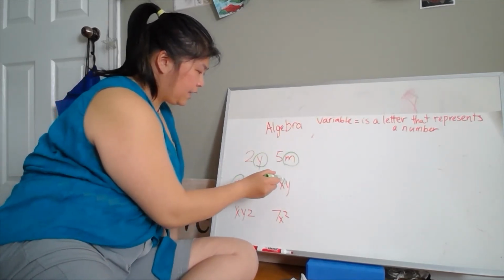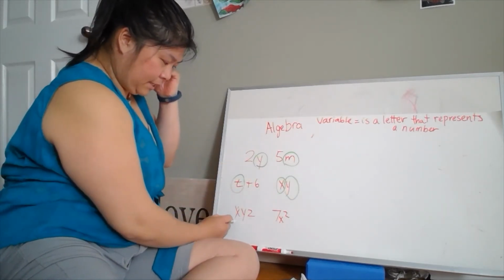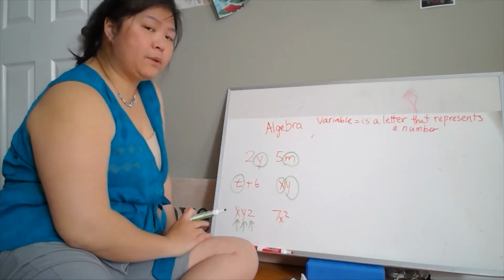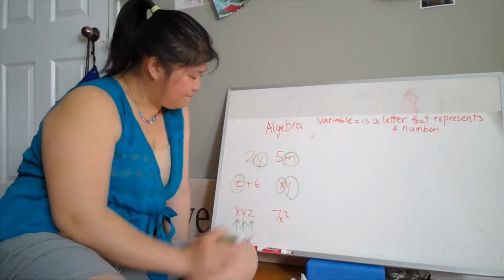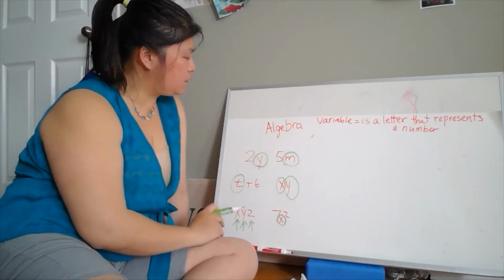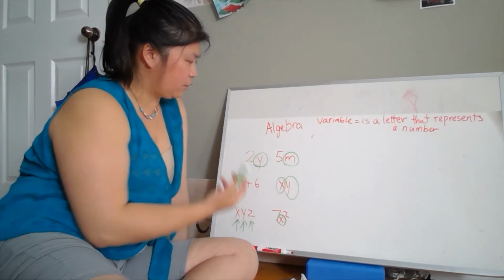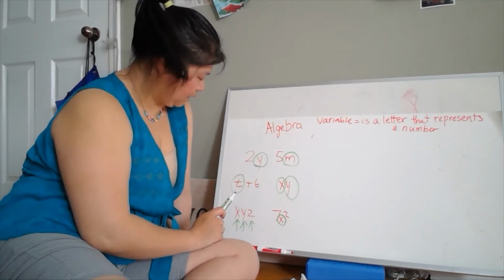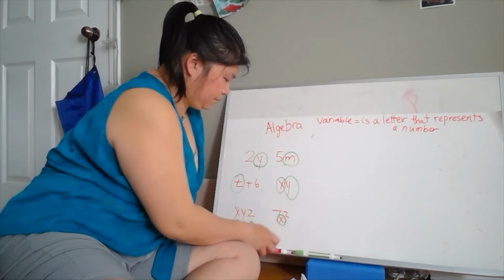This one actually has two variables, x and y. And this one has three, x, y, z. Essentially, variables are different letters, A, B, C. We usually use X, Y, Z. Variables allow you to compare and use arithmetic to solve the problem.